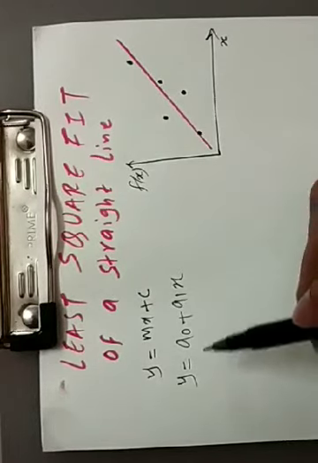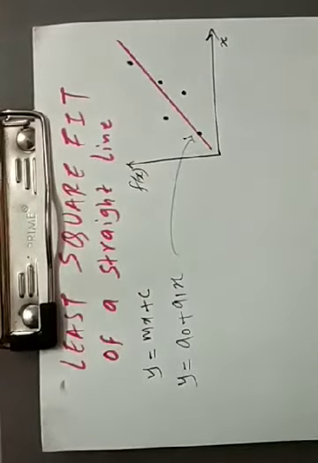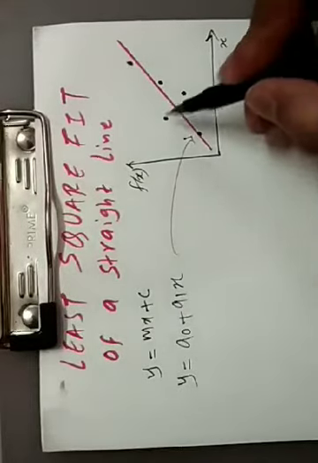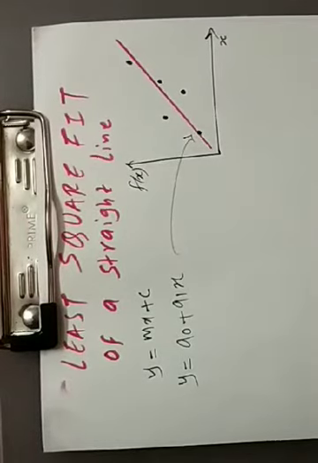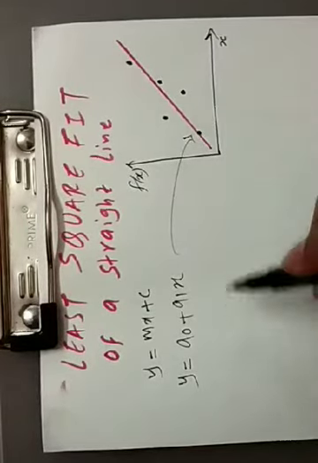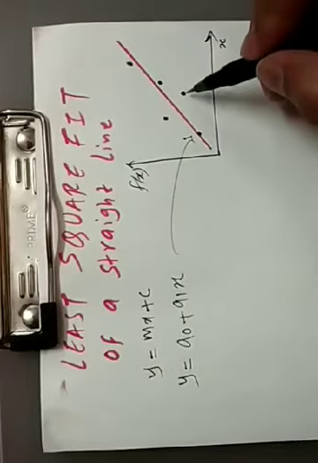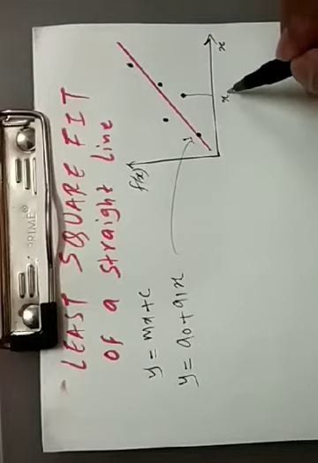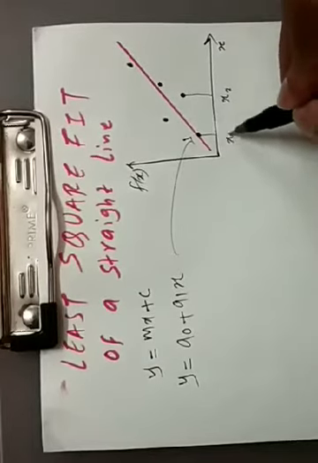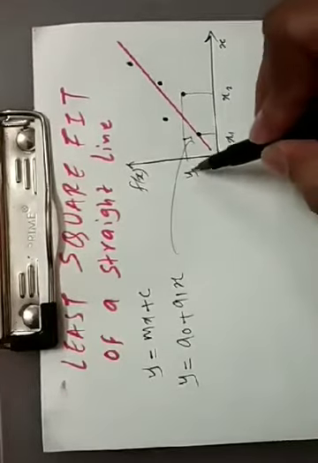Now this is the equation of this red line, okay, and these black points are the measured points. So always there will be one error. Error means, for example, if you take this point, this is x2, this point is x1, corresponding value is y2.